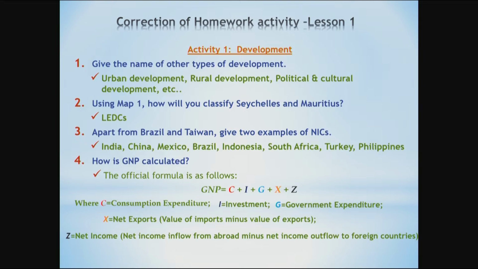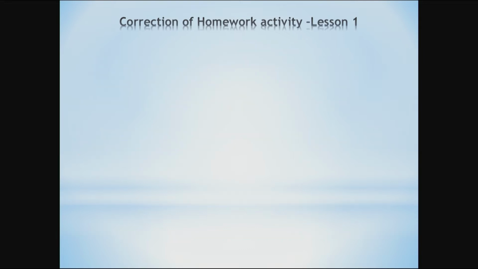So we get this inflow, net income, and the outflow is when we are taking income out of the country to foreign countries. For example, foreigners working in Seychelles and then sending money abroad, or even when we have our students studying overseas and we are sending money overseas for them.